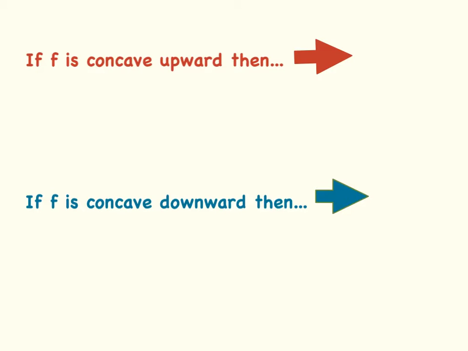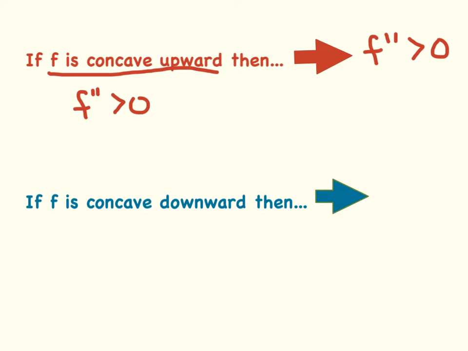But what we basically want to get to is this. If we know that f is concave up, then f double prime is going to be positive. The converse of that is true, just like yesterday. If we know that f double prime is positive, then that implies that f is concave upwards.